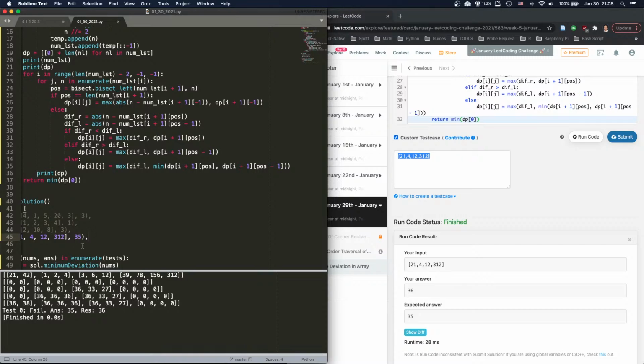Ah, I see. 4 is not going through 3. 4 is going through 6. 4 goes through 6. 6 gives us 33. So if 4 goes through 6, and 6 has 33, and 4 has 35. Oh, this is more complicated than I expected. Is it not DP?